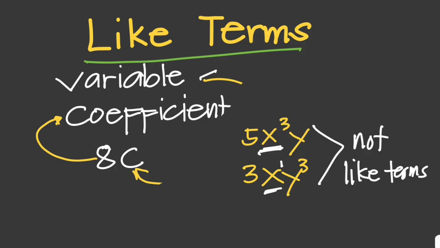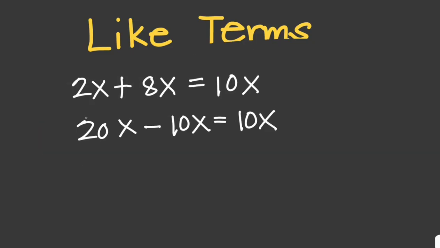And you can combine like terms by grouping using mathematical operations. Say for example, 2x plus 8x equals 10x. Since they contain exactly the same variables, you can just add up the coefficients 2 and 8.